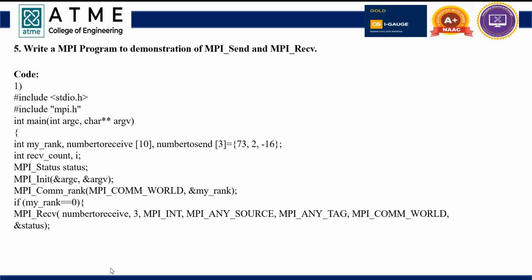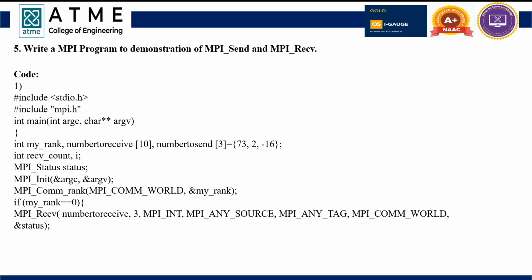Next, let us initialize the arguments. With argc and argv, we initialize the MPI execution environment and determine the rank of the calling process.